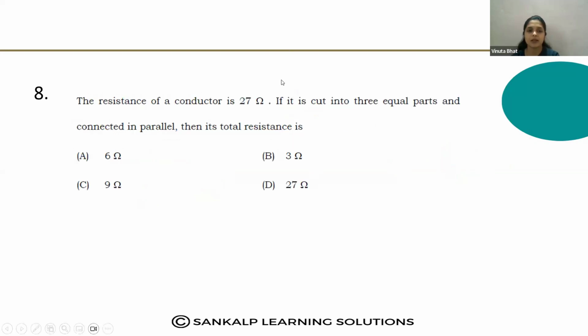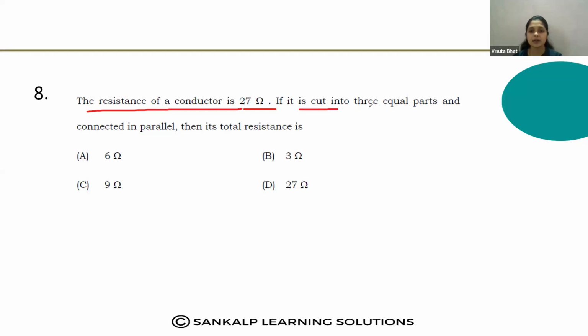Here, the resistance of a conductor is 27 ohm. If it is cut into 3 equal parts and connected in parallel, then its total resistance is option A 6 ohm, option B 3 ohm, option C 9 ohm, option D 27 ohm.